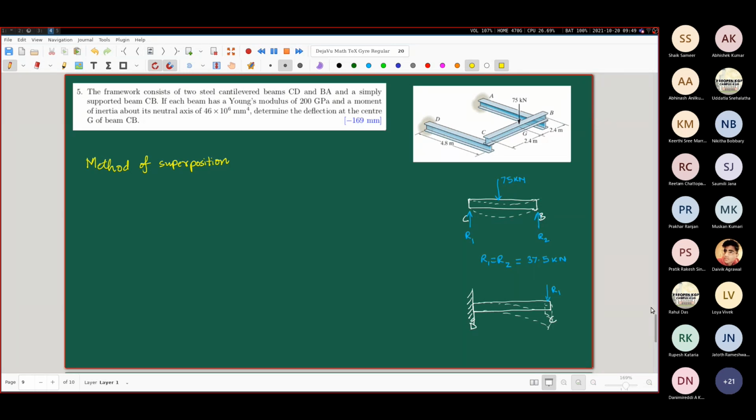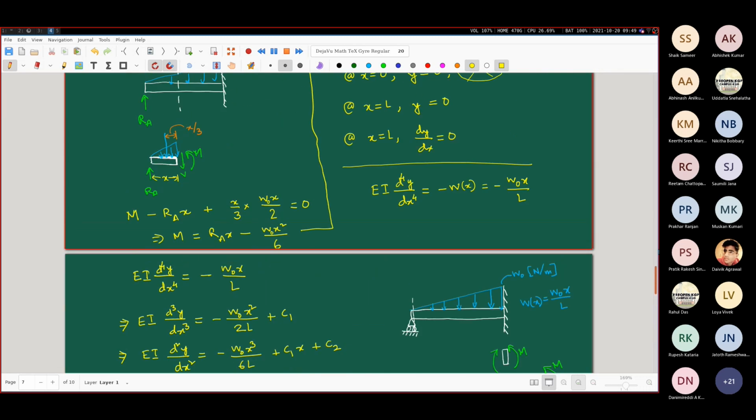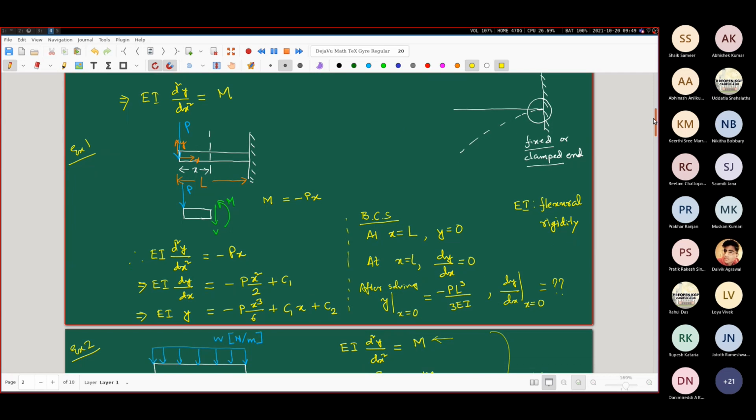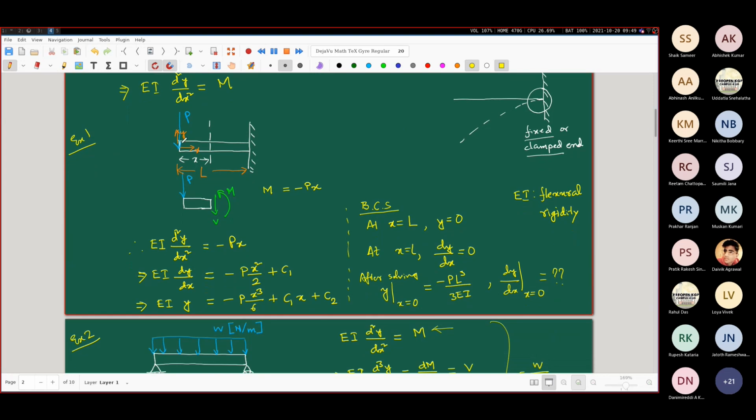What I mean to say by that is that you go back to the first example that we considered. This was a simple case of the cantilever beam, and I told you that please try to find out the deflection here.